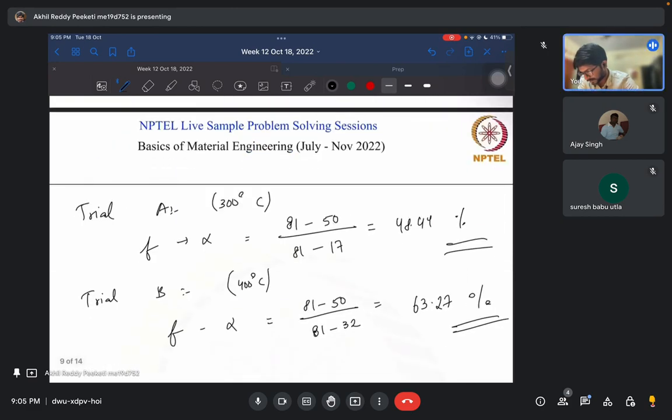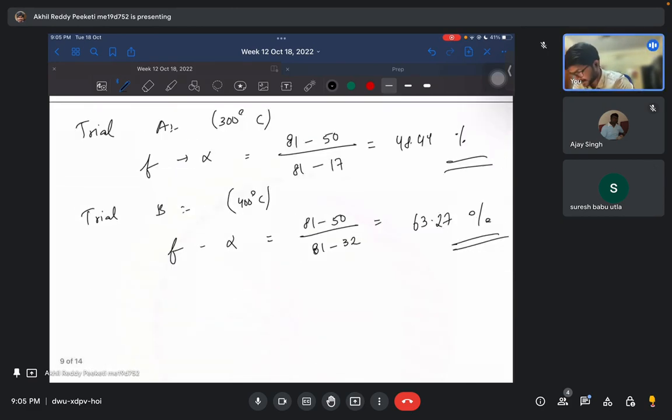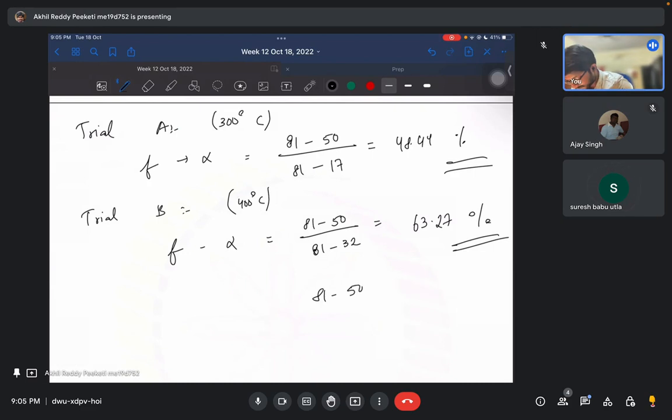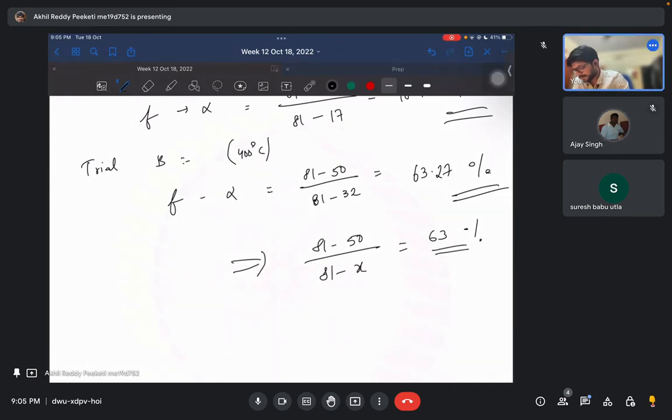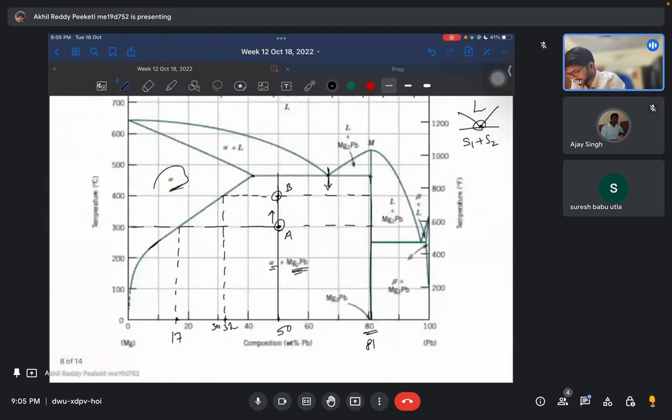So that I am not understanding. So okay, you will put x here. Okay, 81 minus 50 by 81 minus x is equal to 63. So this is what you are saying, right? No. So yeah, alpha phase is 63. So let's assume at some temperature, this point, let it be x. Okay.